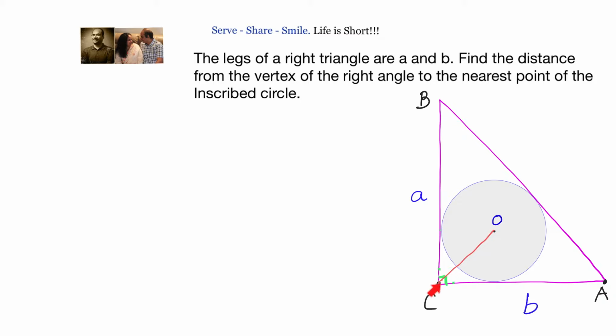That means from C, we have to find a point on the circle which is nearest. When you observe, you can clearly see what our candidates are. We have one point here, another point here, and all these points. Out of them, the nearest point will be this point on the line from C. Let us say that point is D.